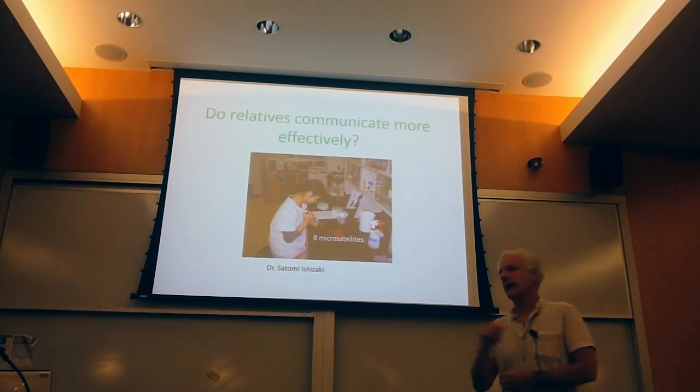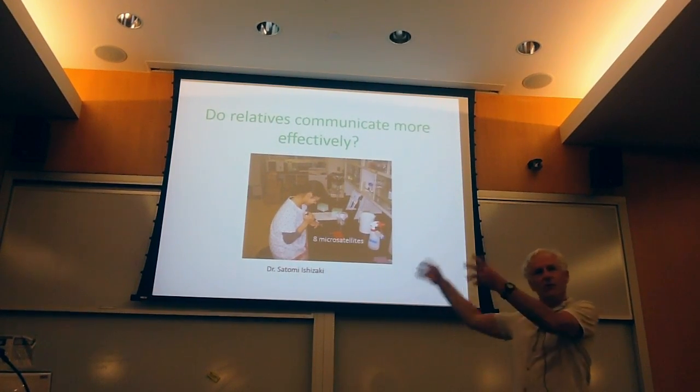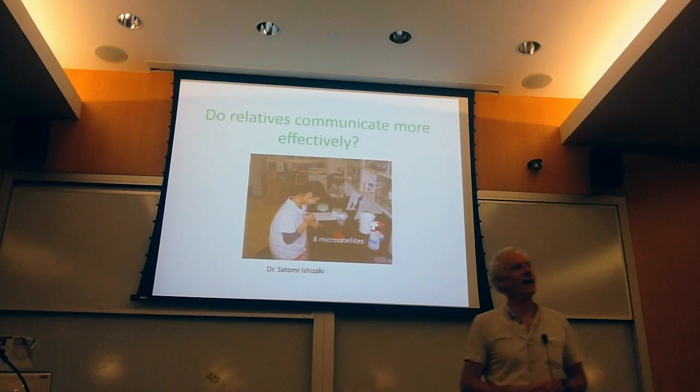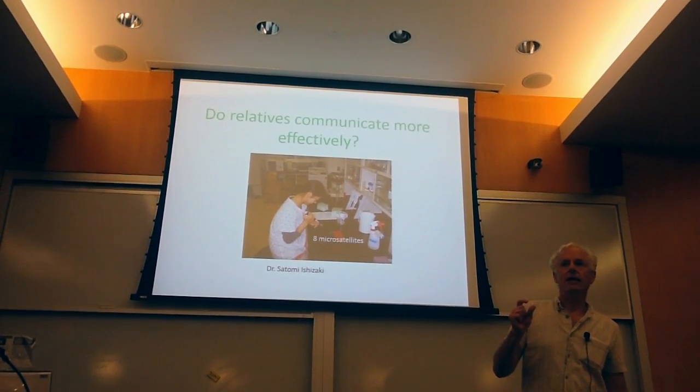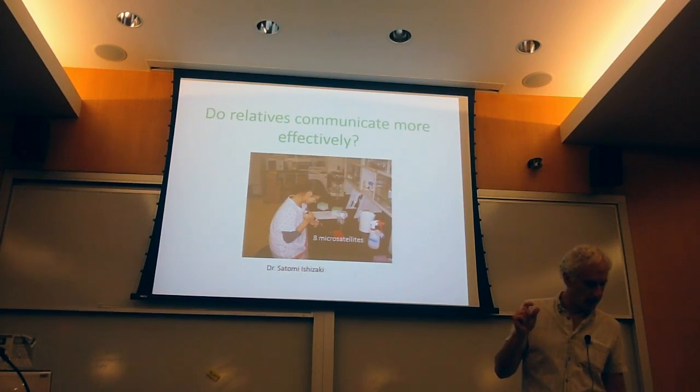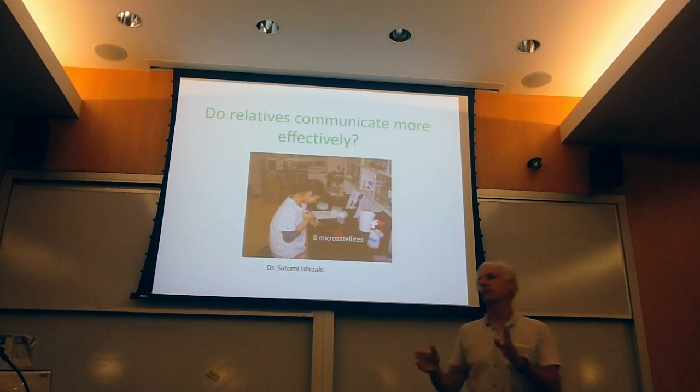And she took samples and did whatever she does back in the lab in Japan, does her magic, and can tell us the amount of genetic relatedness between any pairs of plants.